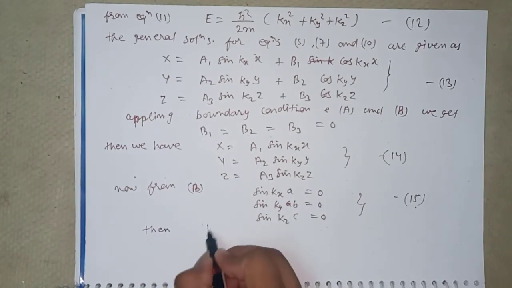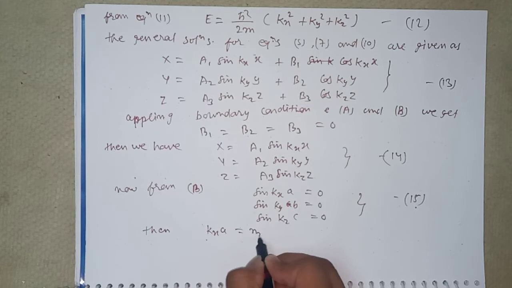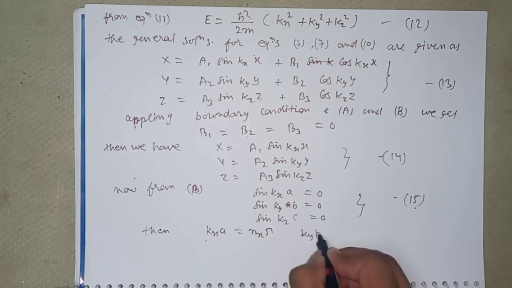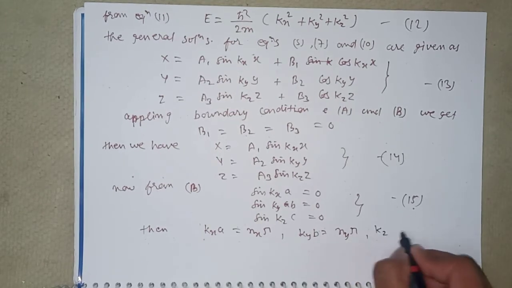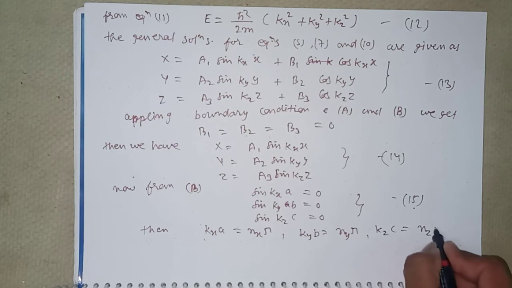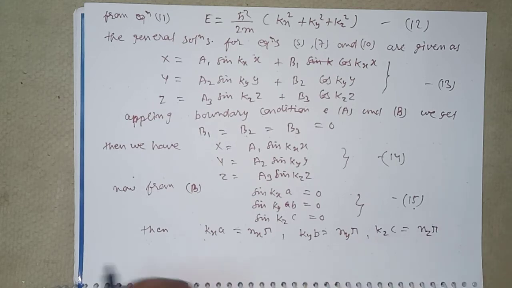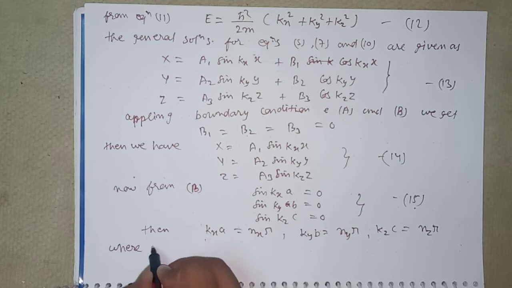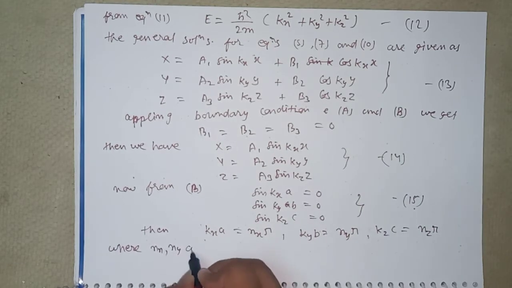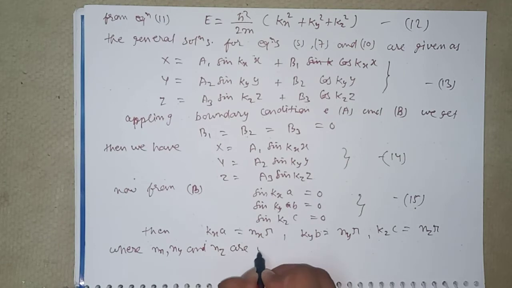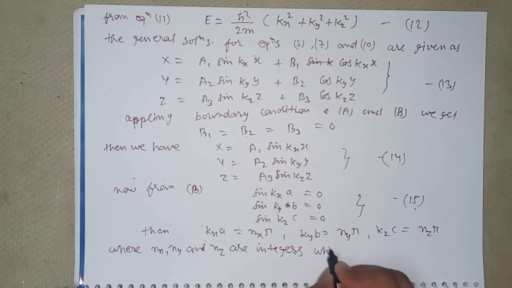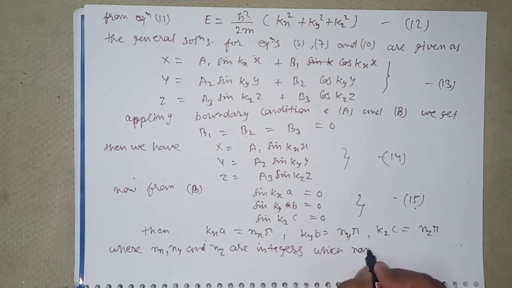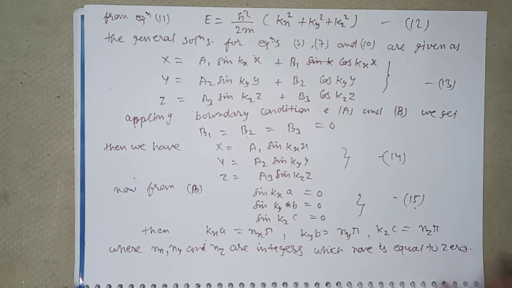Then kx a is equal to nx pi, ky b is equal to ny pi, and kz c is equal to nz pi, where nx, ny and nz are integers, none of which is equal to 0.